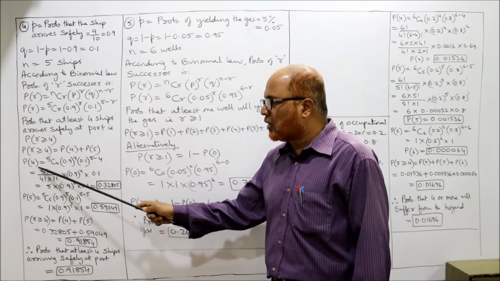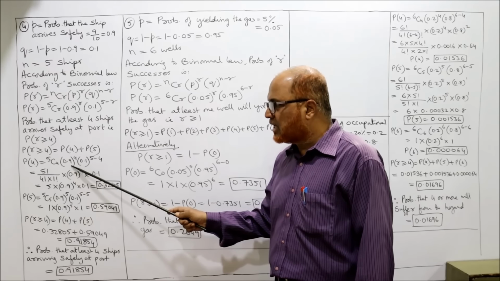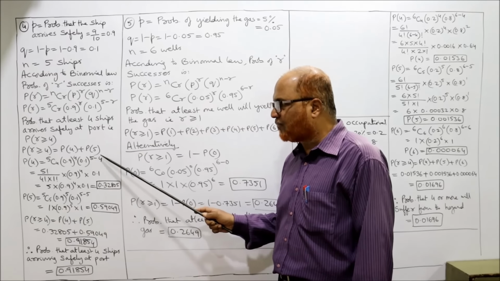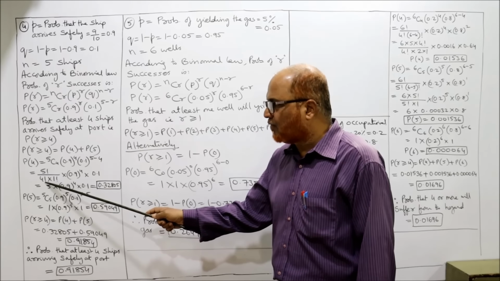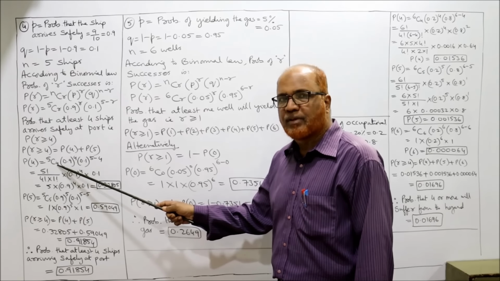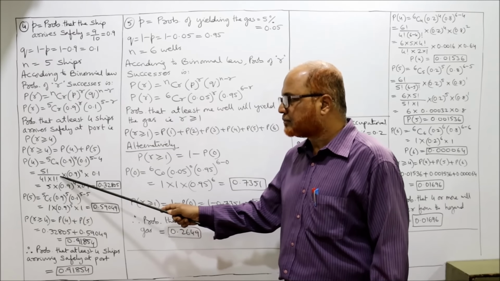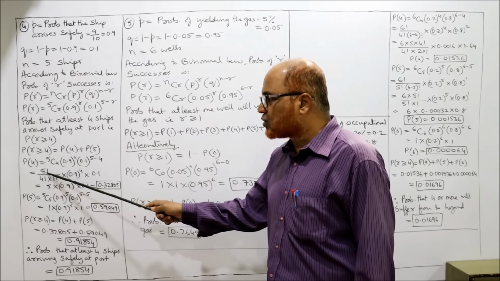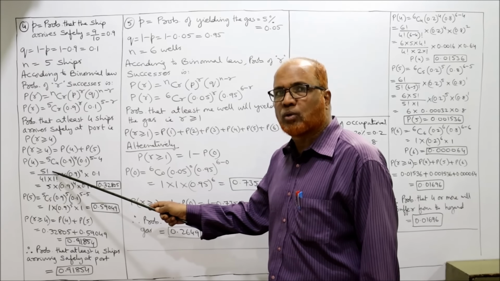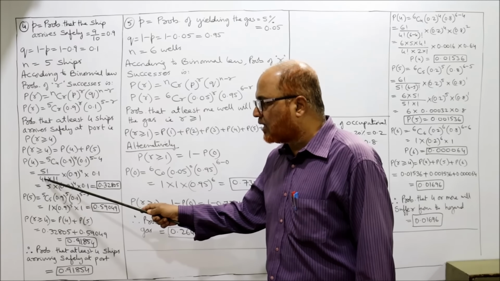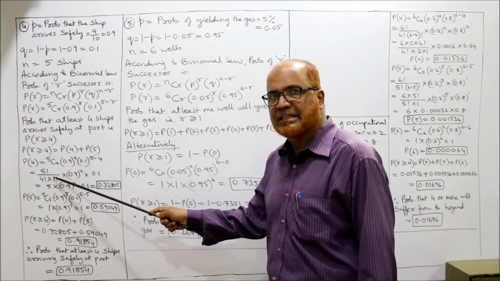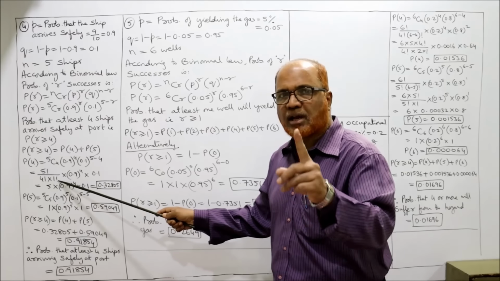First we find P of 4: 5C4, 0.9 to the power of 4, 0.1 to the power of 5 minus 4. 5C4 means 5 factorial divided by 4 factorial into 5 minus 4, which is 1 factorial. Write 5 factorial as 5 into 4 factorial. In the numerator 4 factorial and in the denominator 4 factorial get cancelled. 1 factorial means only 1.